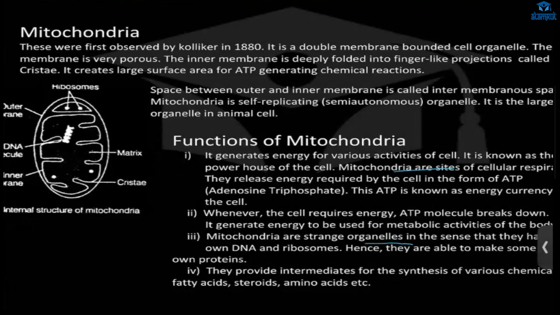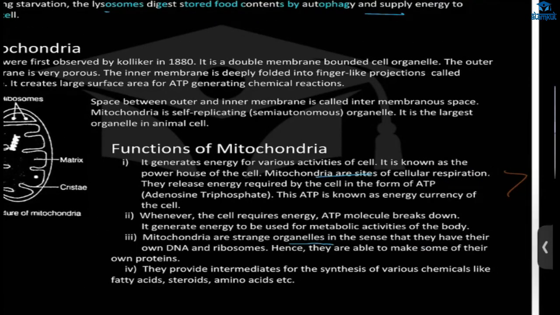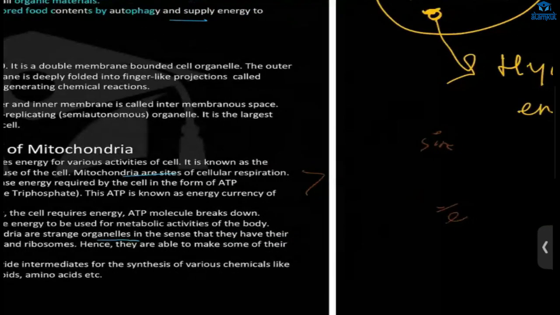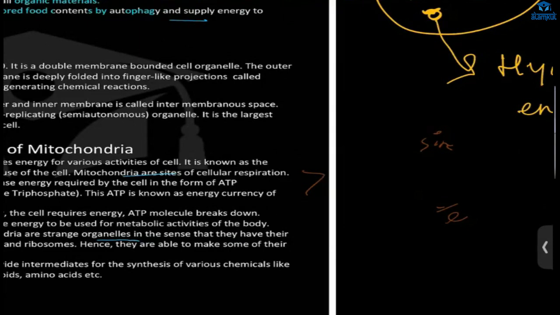Next is mitochondria. Mitochondria is known as the powerhouse of the cell because it generates energy in the form of ATP, adenosine triphosphate. How is energy generated? In respiration, the energy is generated.